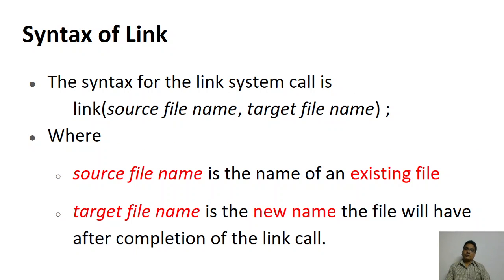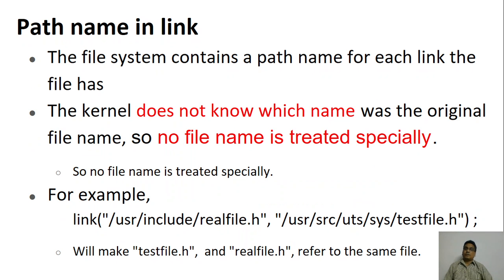The command for creating the link, that is the system call, is link followed by the source file name and the target file name. Source file name is an existing file name, target file name is the new file that you want to create.